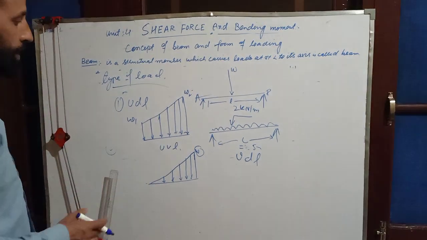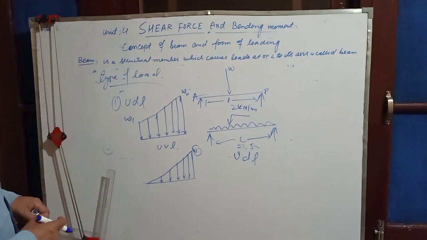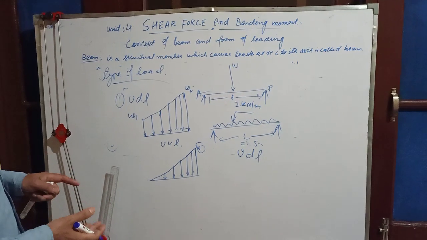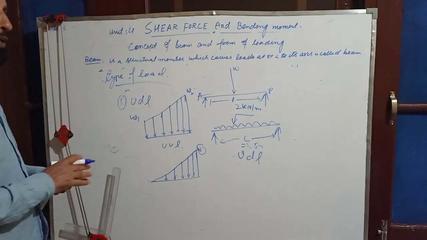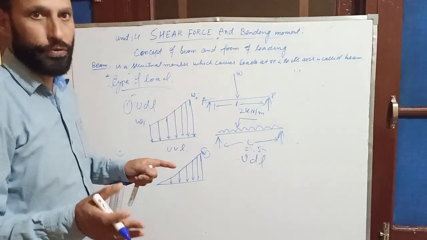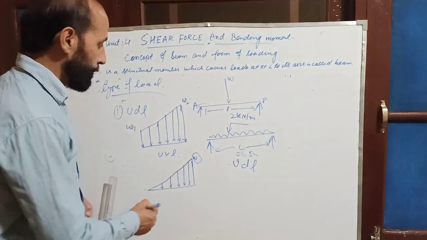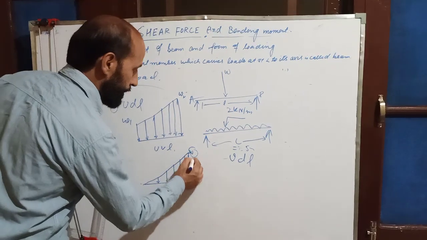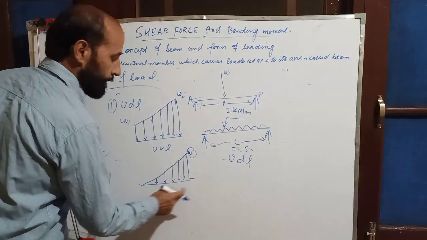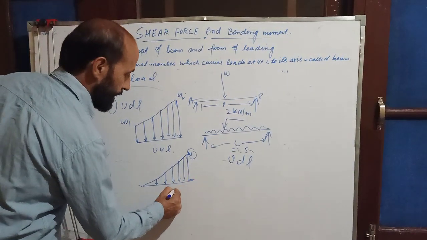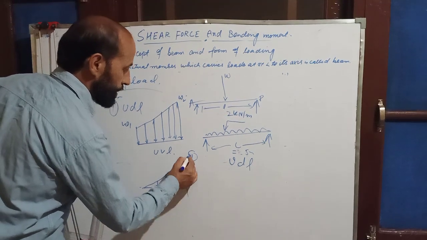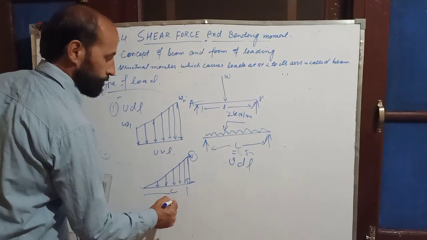Now the question is, how will we convert a uniformly varying load into a point load? That can also be converted. Here this is the base, this is a right angle triangle.